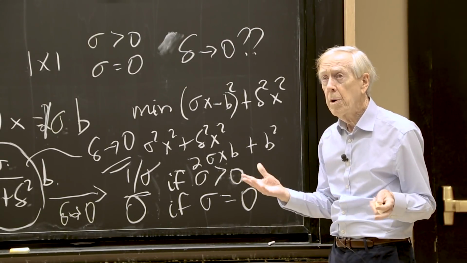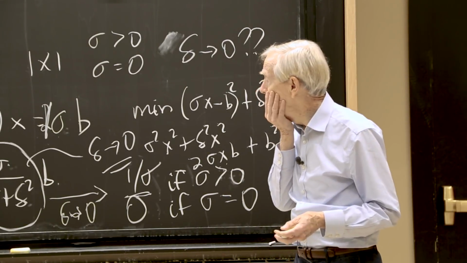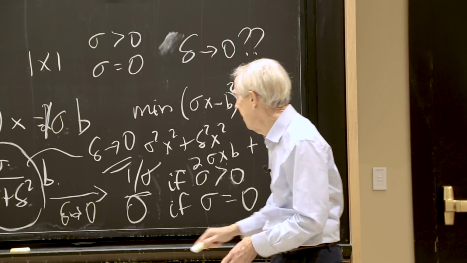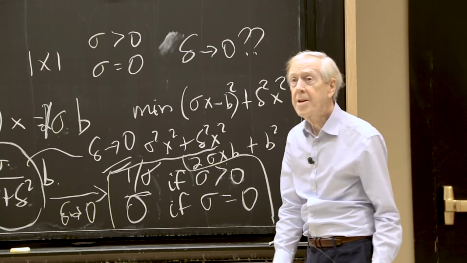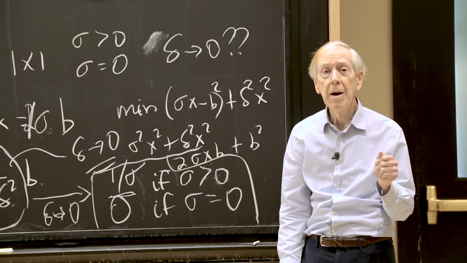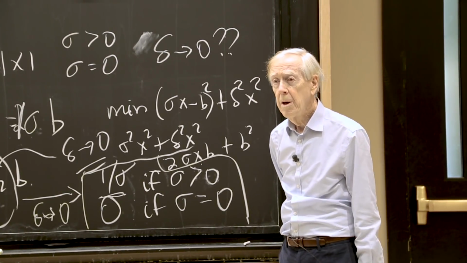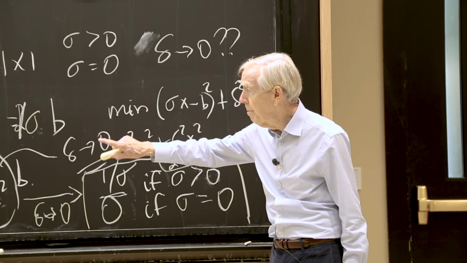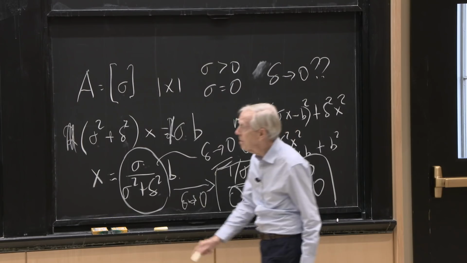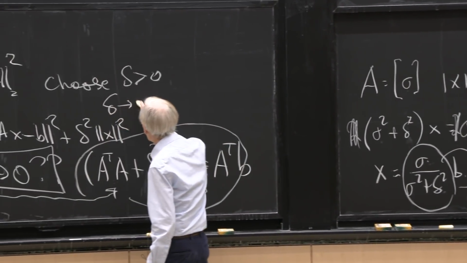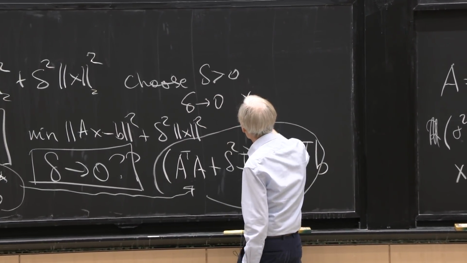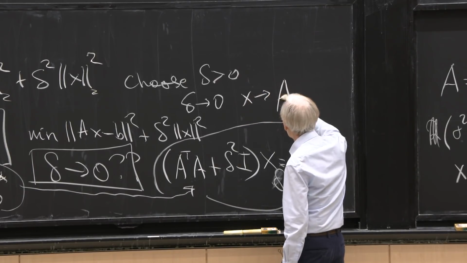You see, that's a strange kind of a limit. And what word have I found here in this limit? The pseudo-inverse. So for this system, choose delta greater than 0, then as delta goes to 0, the solution goes to the pseudo-inverse.